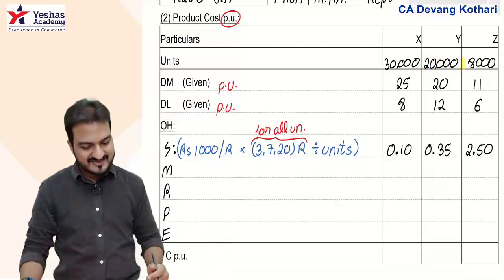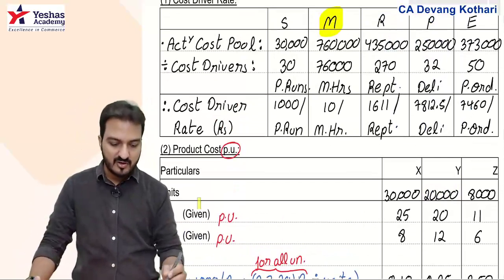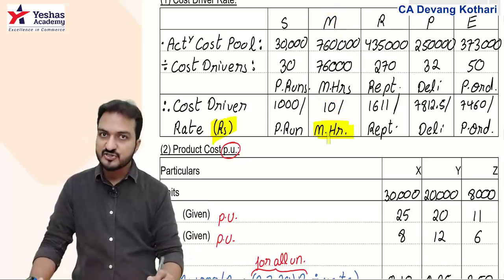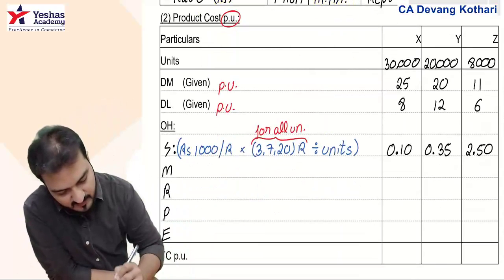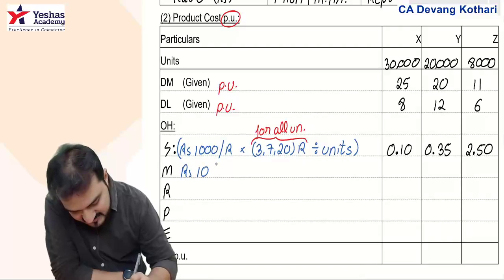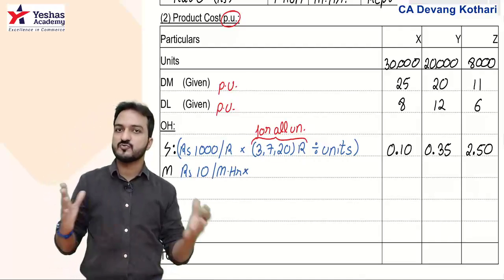Next component, next activity is my machining cost. Your absorption rate, cost driver rate was rupees 10 per machine hour. I'll use that here. So my cost of XYZ can now be identified as rupees 10 per machine hour into machine hours for XYZ.